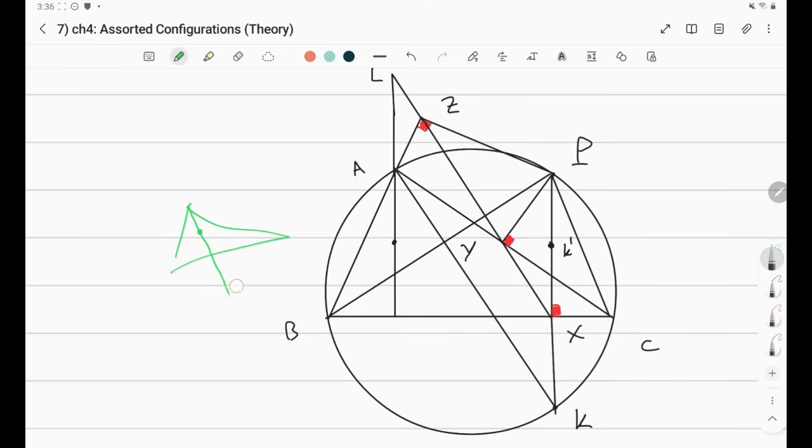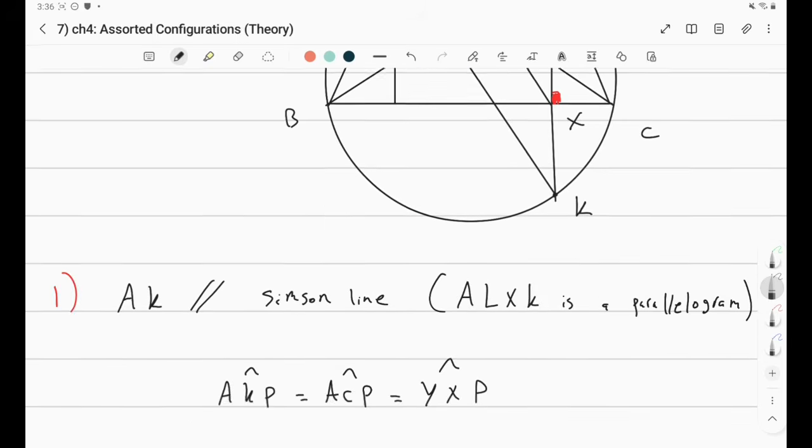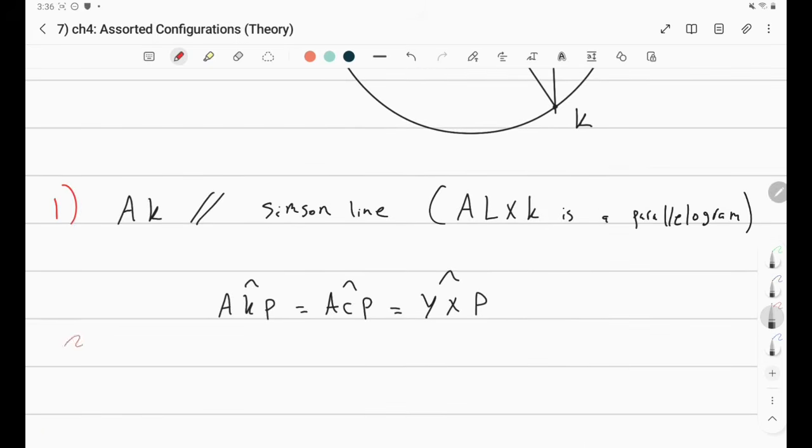It's only the orthocenter. And hence actually we're already done. So just using this property, we're already done. We know that K prime is the orthocenter of the triangle BCP. So let's add that as well. So the second idea is K prime is the orthocenter of the triangle PBC.